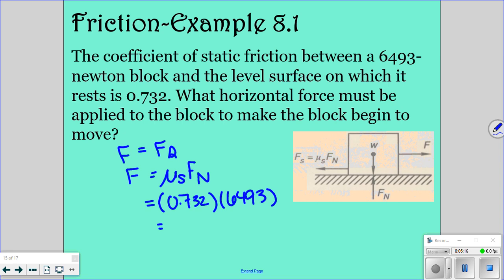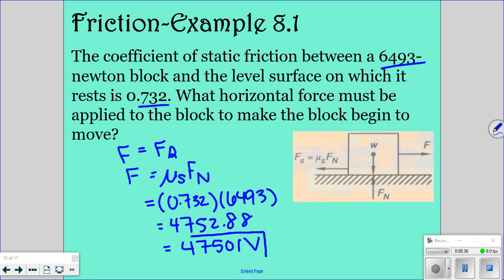And I get 4,752.88. And how many sig figs are we going to have in our answer? Here we have 4. Here we only have 3. So we need to have 3 sig figs. So 4,750. And then force is measured in newtons. And so that would be your answer for that one.